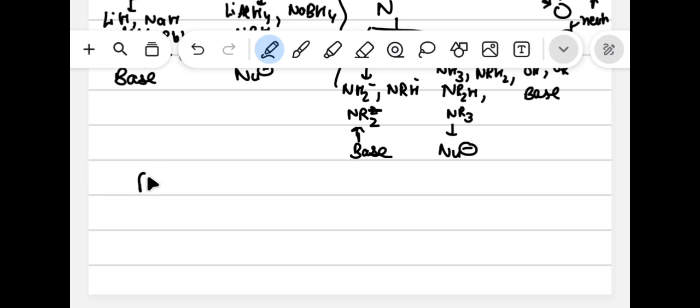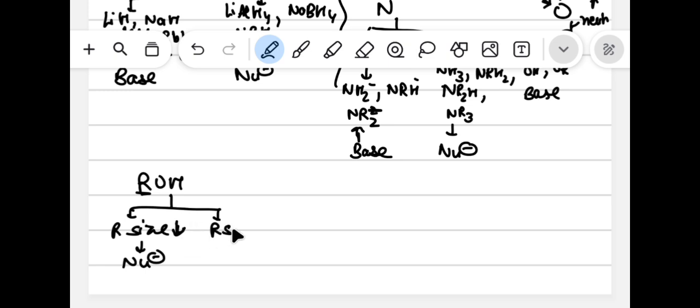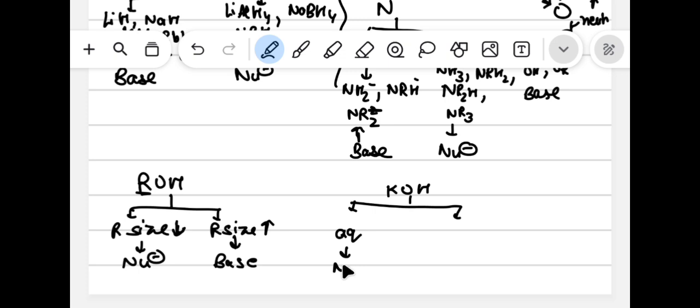For example, ROH, that is an alcoholic group, if the size of R is small, then it will act as a nucleophile. If the size of R is big, then it will act as a base. Second is KOH. In aqueous, it will act as a nucleophile, while in alcoholic, it will act as a base, meaning it abstracts a hydrogen ion.